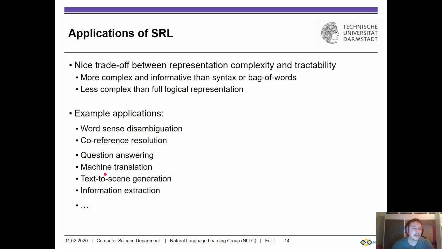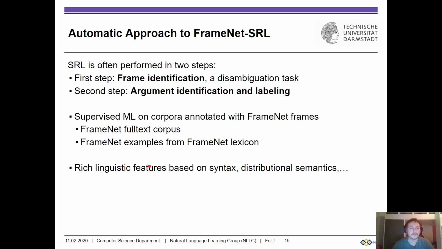There are a couple of example applications that we can use semantic role labeling for in natural language processing. One of them that we have outlined is question answering, but we can certainly use it in other semantic tasks such as word sense disambiguation or machine translation.